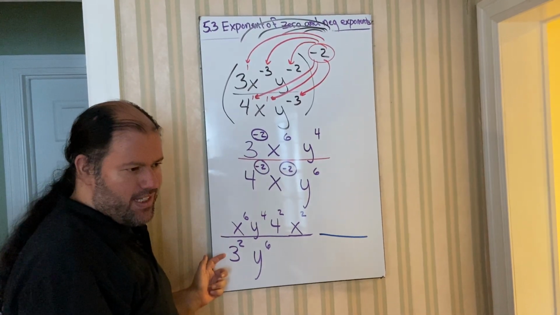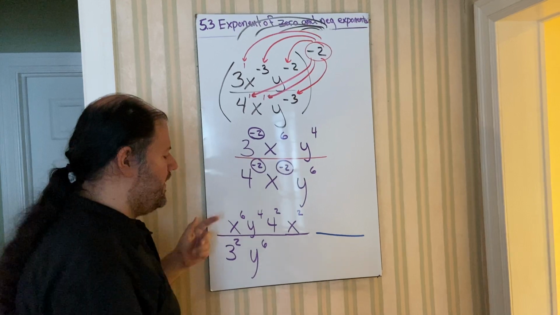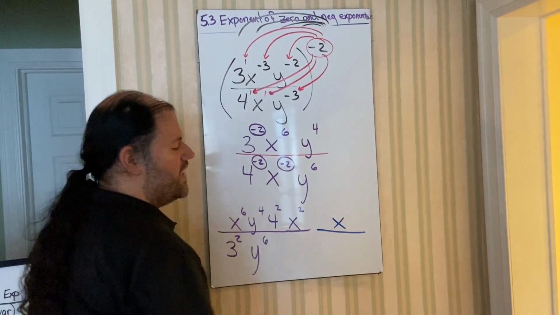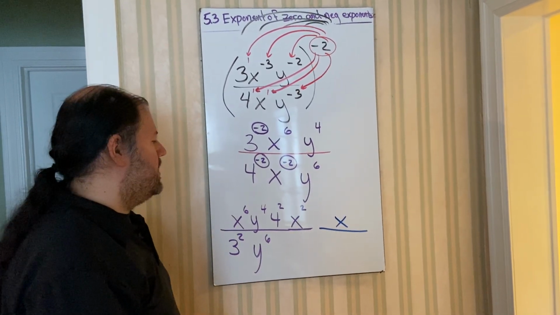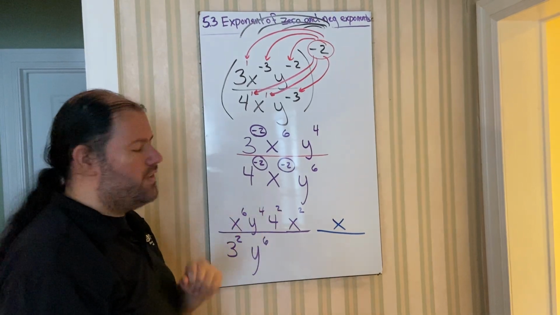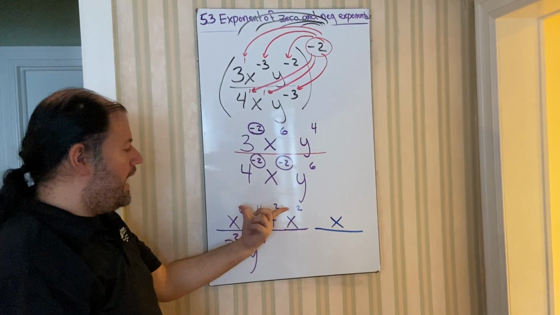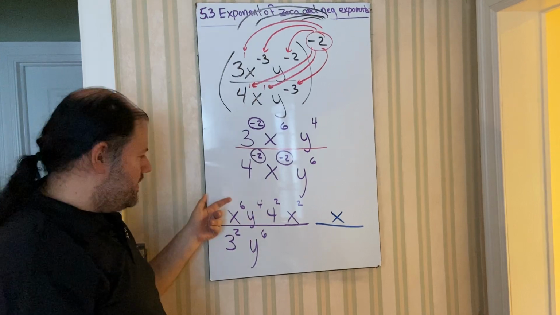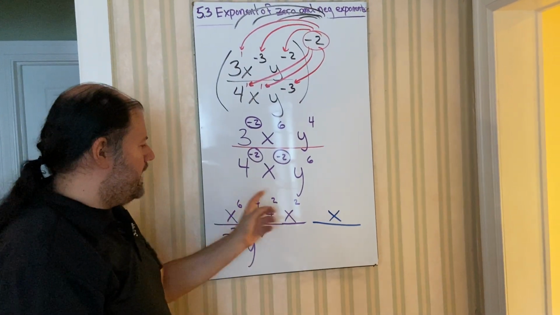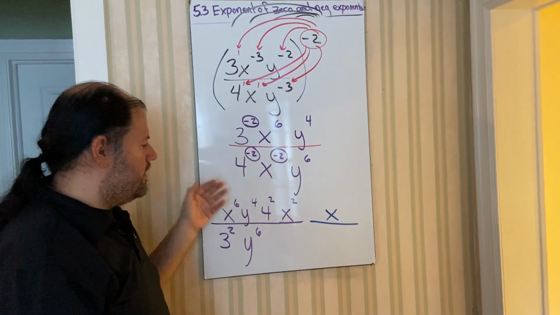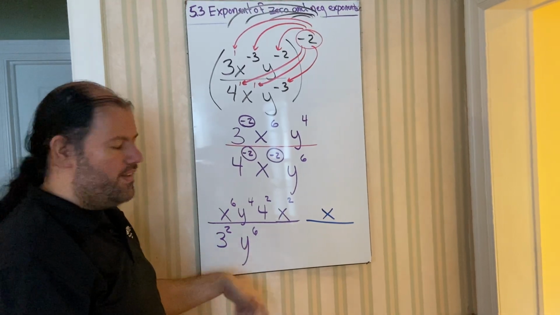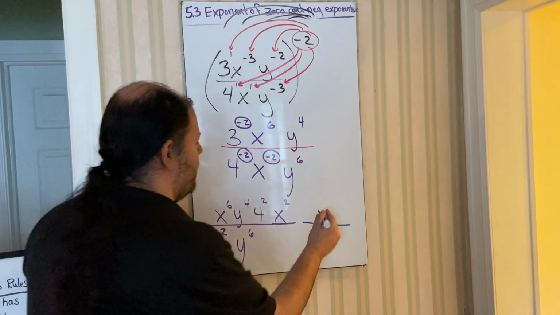Clearly there are no x's at the bottom, they're all on top. So x's will stay on top. By how much more? Well, there's 6 here and 2 here. Remember, if they're both on top, you actually add them. 6 plus 2. They don't cancel out. The only way they can cancel out is if you have some on top and some on the bottom. So 6 and 2 is 8.